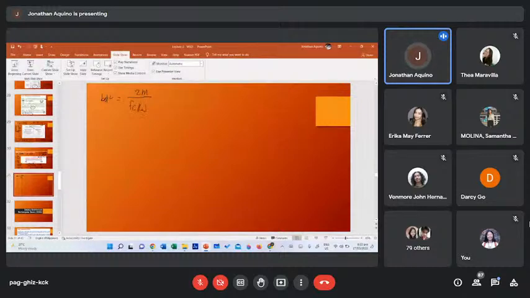So for simply supported beam, the moment M is equal to wL squared over 8, which is equal to, so w natin is 24 kilonewton per meter times length of 5.5 squared divided by 8. So 90.75 kilonewton meter.